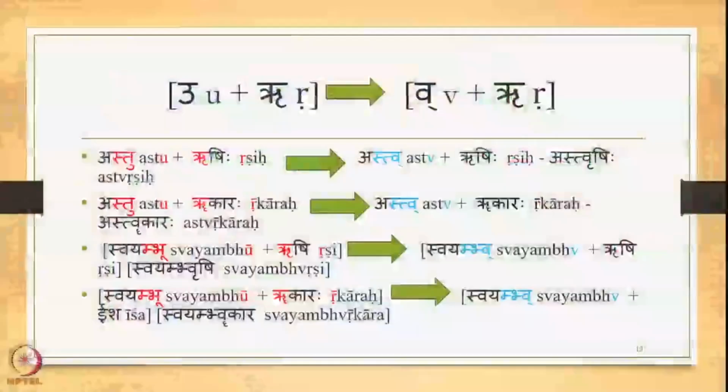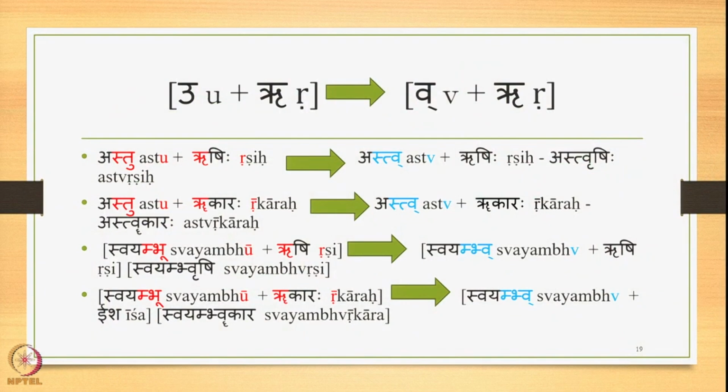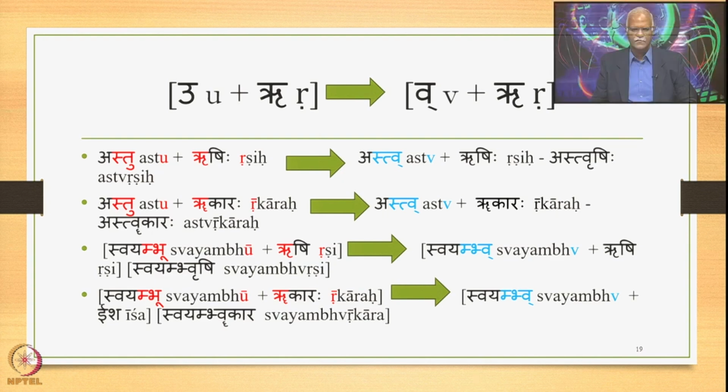Then we have U plus Ru, and 6177 applies, and the output generated is V plus Ru. So we have Astu plus Rishihi, and this is in the Samhita mode, and so 6177 applies and generates the output in the form of Astva Rishihi, Astvrushihi.